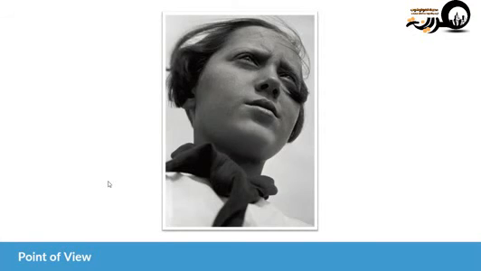Photographs were all taken from eye level with the head looking forward. But Alexander Rodchenko, particularly because of the rise of SLR cameras as well, really started to explore his angles and point of view. And point of view can create different feelings in an image, okay?